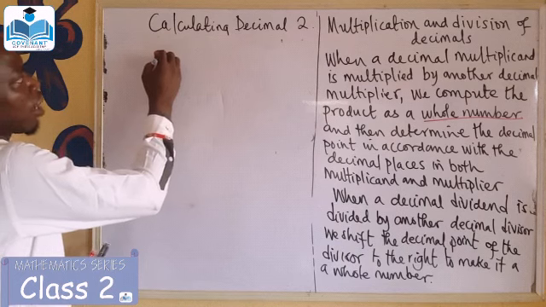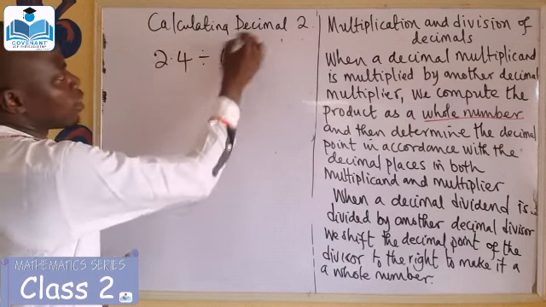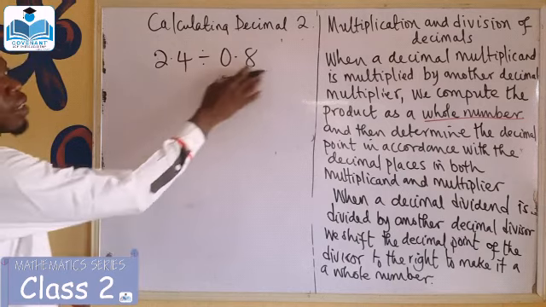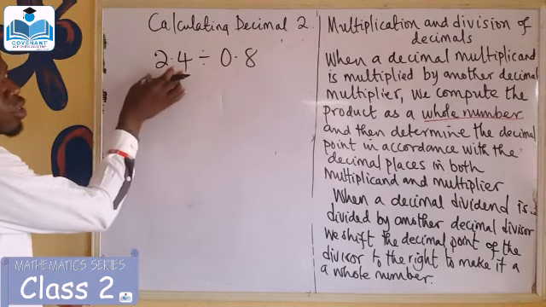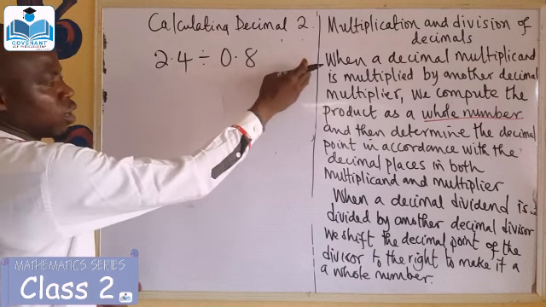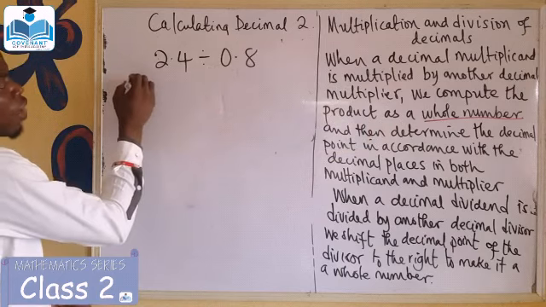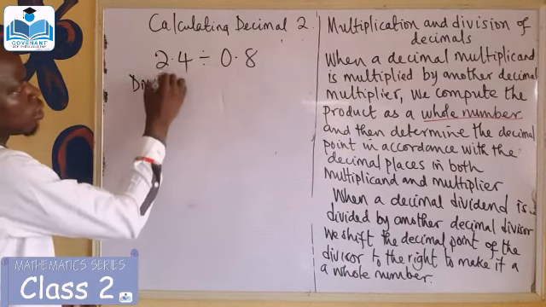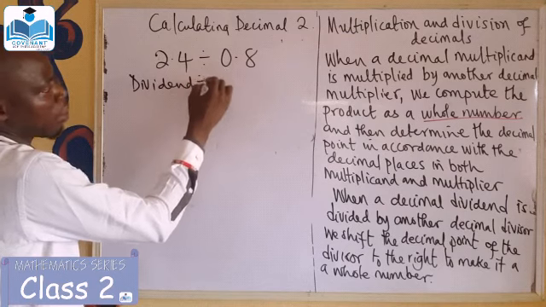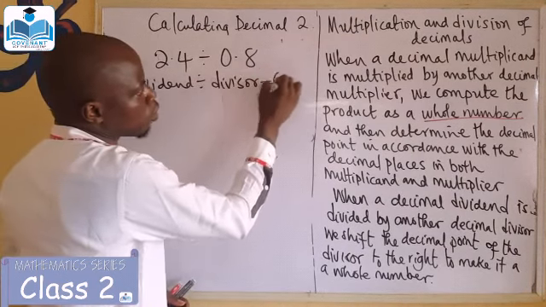For instance, I'm having 2.4 divided by 0.8. Now, this is your dividend, and this is your divisor. Then you have your answer being the quotient. Then if you have the remainder, you have it there. That means your dividend divided by your divisor gives you your quotient.